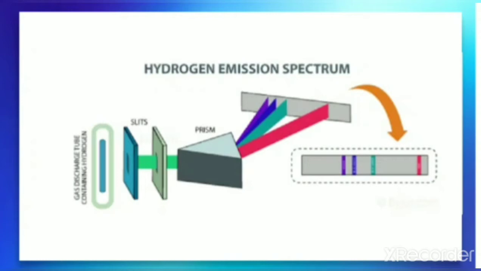This radiation is made to pass through a prism, and we find that a spectrum is obtained due to the splitting of the radiation, giving a series of colors. This spectrum is called the emission spectrum of hydrogen, and it is observed with the help of a spectroscope.